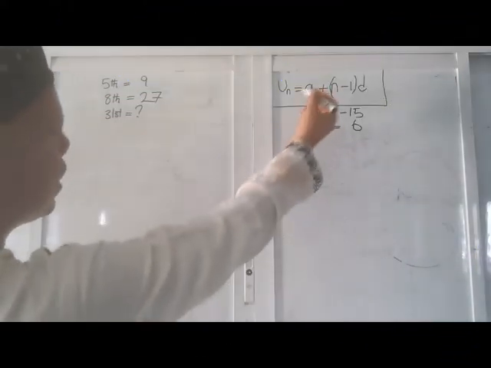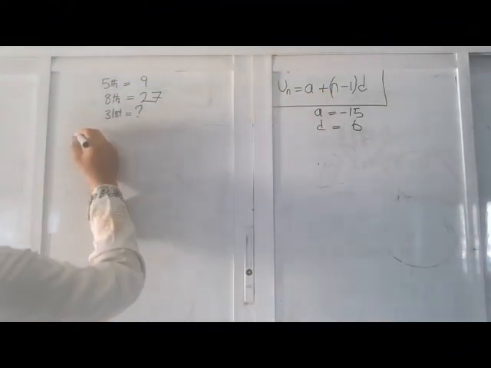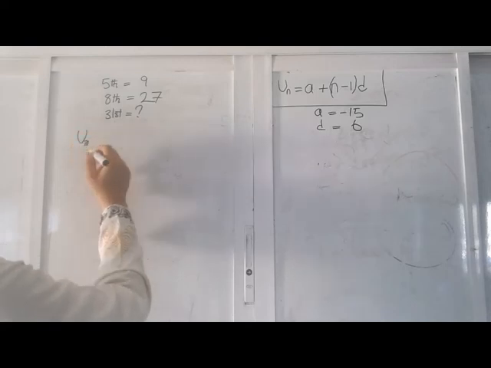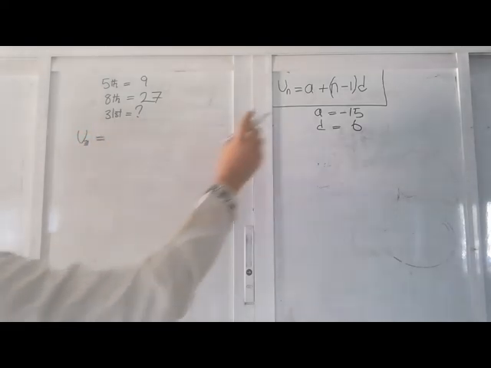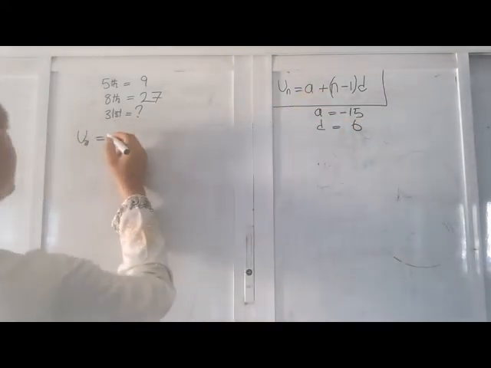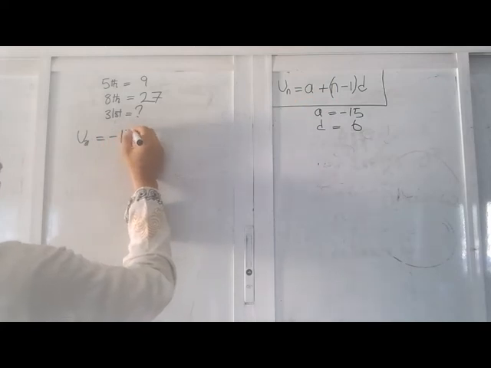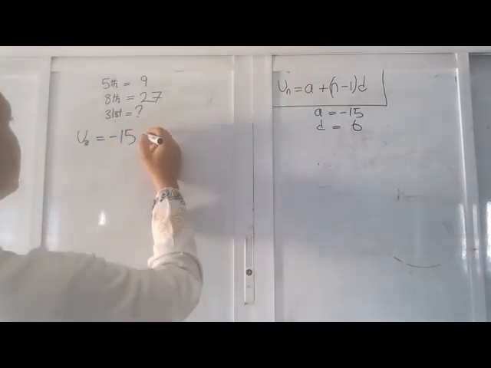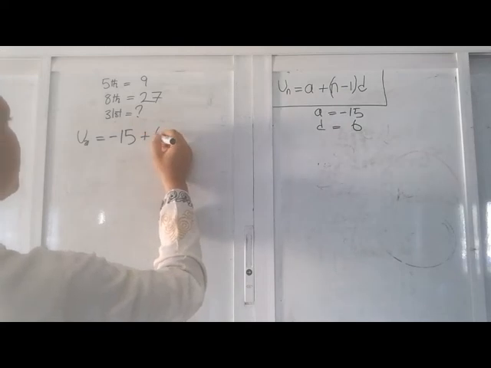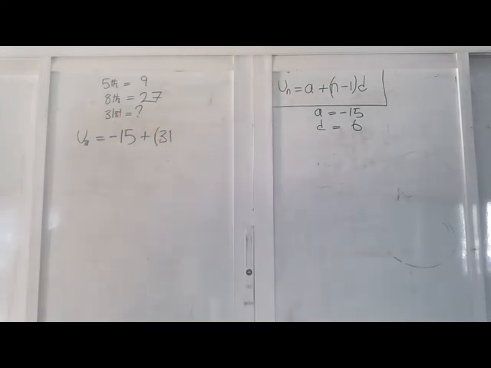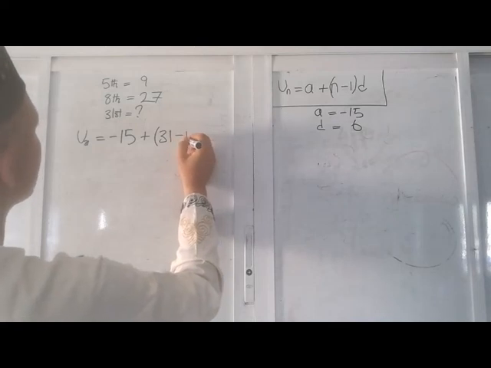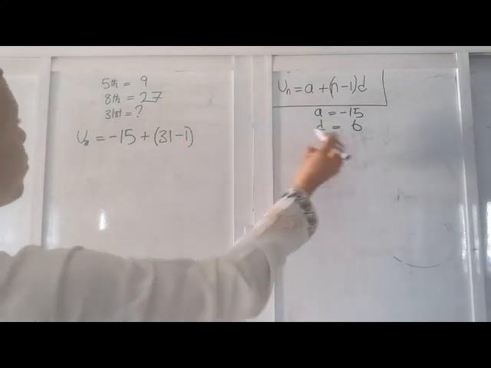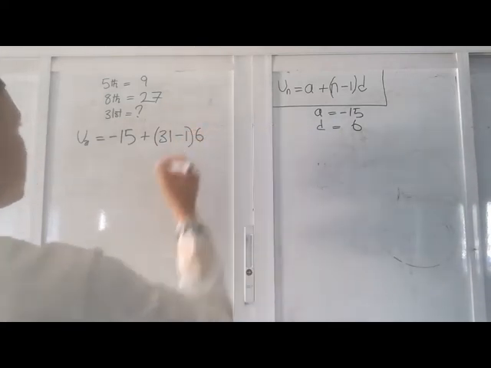In using this formula to get our 31st term, which we don't know, we have our A, which we've gotten to be minus 15, we write minus 15. We've gotten our N plus, open bracket, our N is 31, since it's the term we are looking for, minus 1, and our common difference is 6.